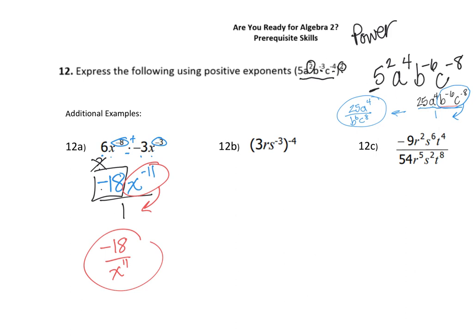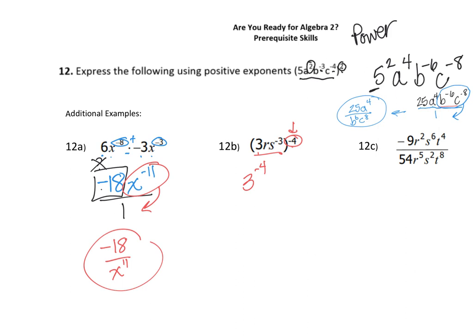Okay, number 12b. I have 3rs to the negative 3 power being raised to the negative 4th power on the outside. Notice I have a negative power, but I have this power on the outside of the parentheses, so this is power rule again. My regular number 3, I'm going to raise to the negative 4 power.